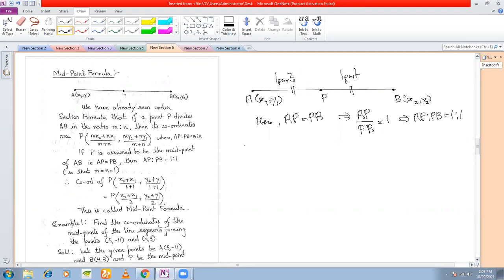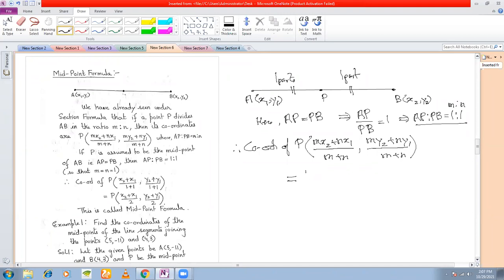So from the section formula, what is the coordinate of P? Therefore, the coordinate of P is mx2 plus nx1 by m plus n, my2 plus ny1 by m plus n. Now you know that this ratio is 1:1. So this is m and this is n. So m is equal to 1 and n is equal to 1.